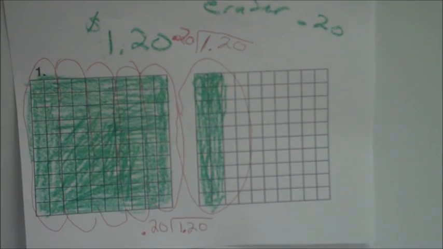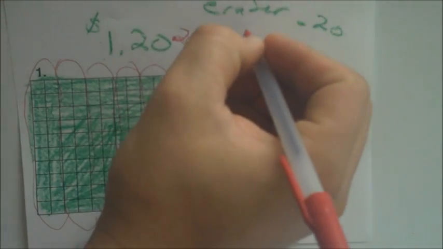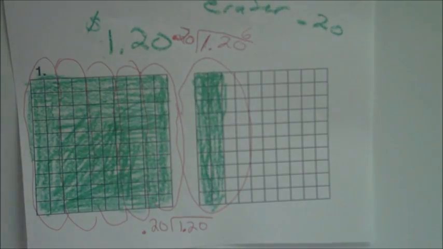So there's 6 groups of 0.2 or 2/10 that we can make in this. So in our model, we can answer the question of 1.2 divided by 0.2 pretty easily, right? It's going to give us 6. Well, let's look at what that's going to look like if we solve it just mathematically using numbers.